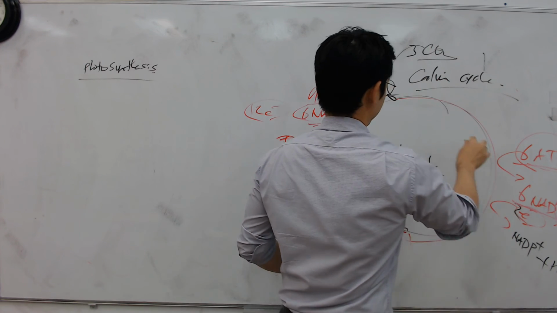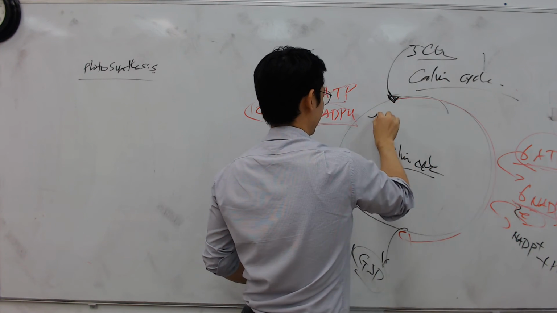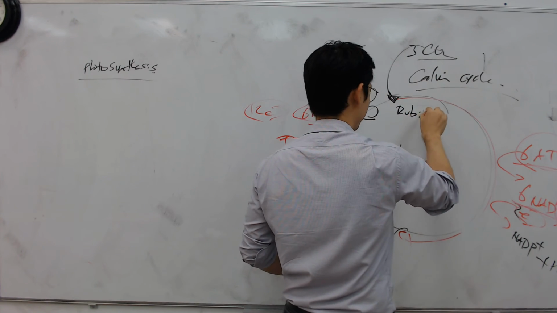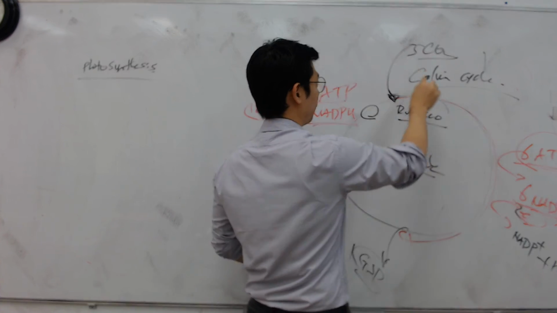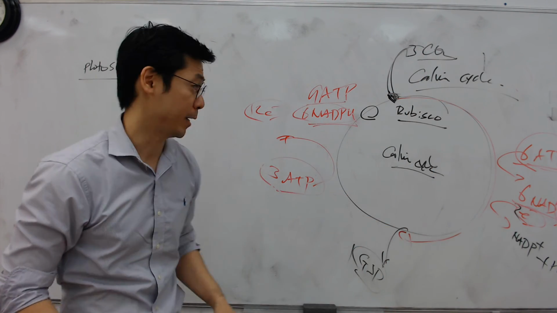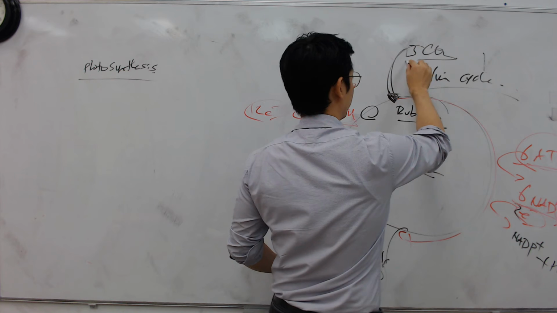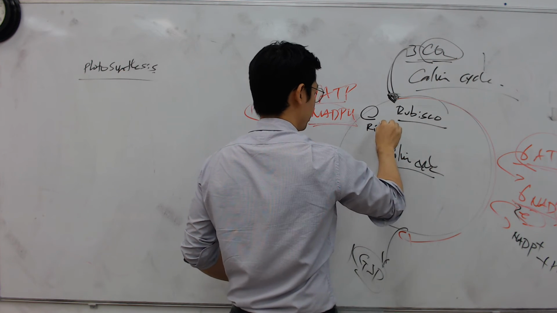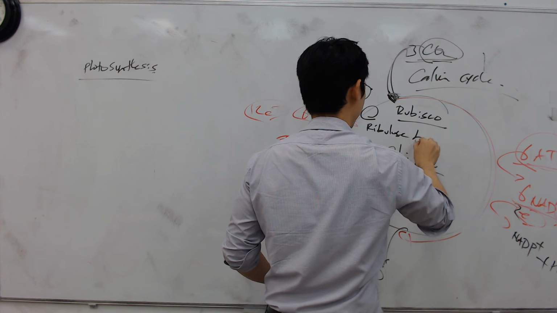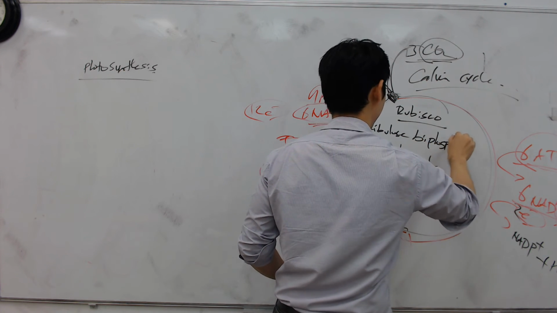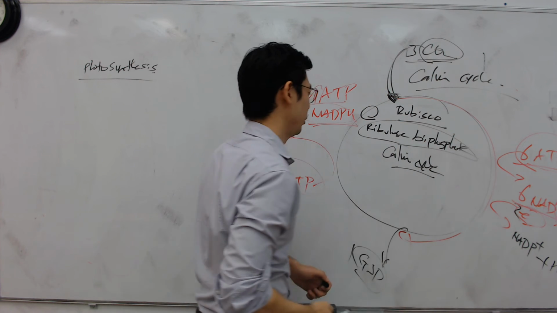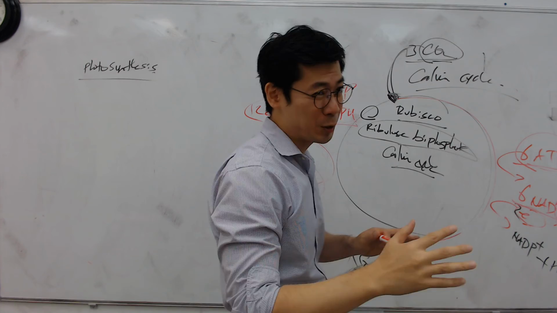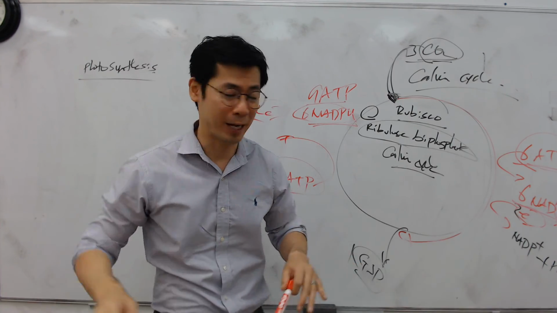Oh yeah, keep in mind, guys, there's an enzyme that does it, which is Rubisco. That's the enzyme that will fix CO2. Rubisco puts CO2 onto what they call ribulose bisphosphate, RuBP. Rubisco stands for ribulose bisphosphate carboxylase.